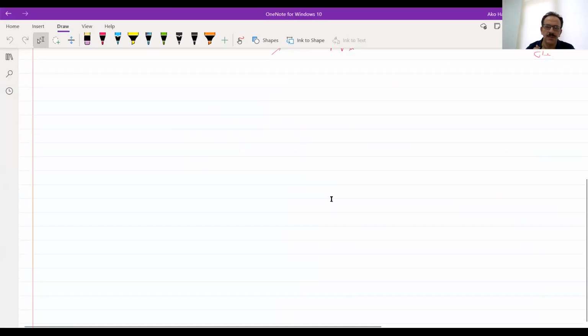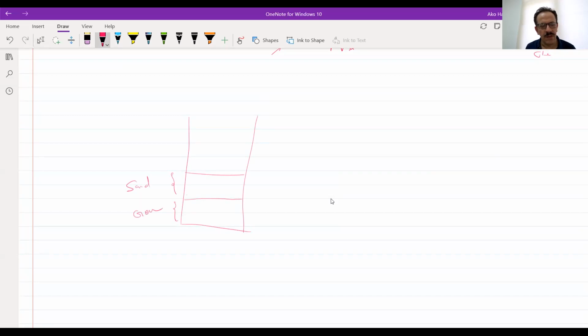I want to tell you that, let me say, this is the gravel and this is the sand, the gravel, and this will be the water. Let me say that the water will be collected here. The free space, we said, is about 40 to 60 centimeters.